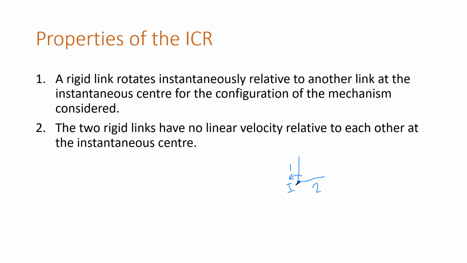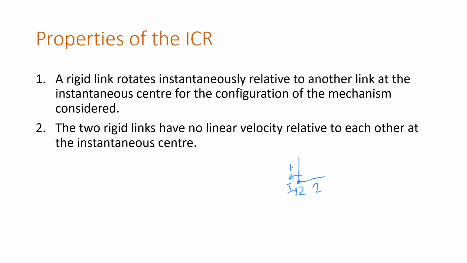This particular point I will call ICR I12. Are you getting it? An ICR is the point for two links, and about this point, one link will turn with respect to another link. That is the meaning of it.